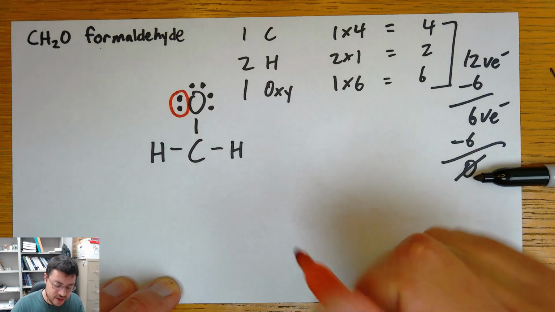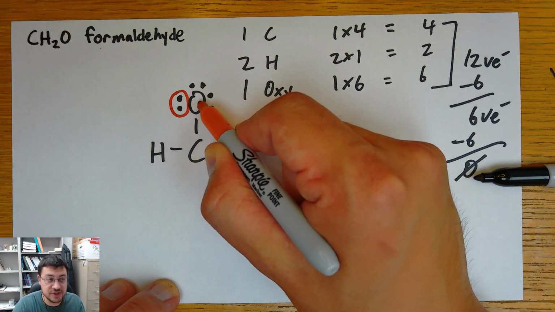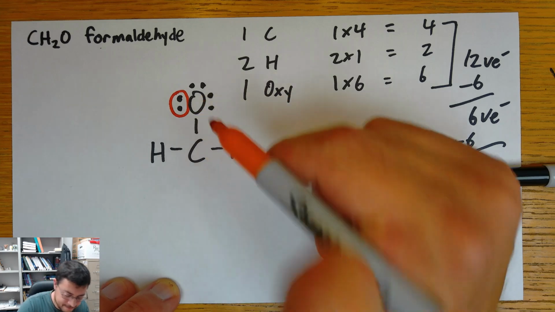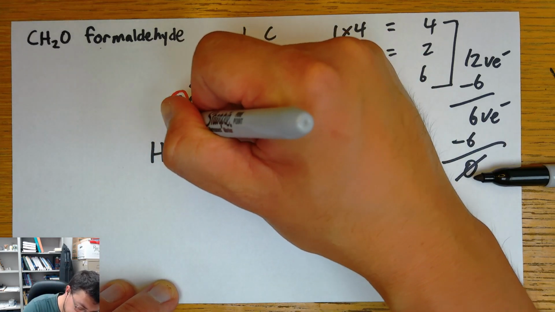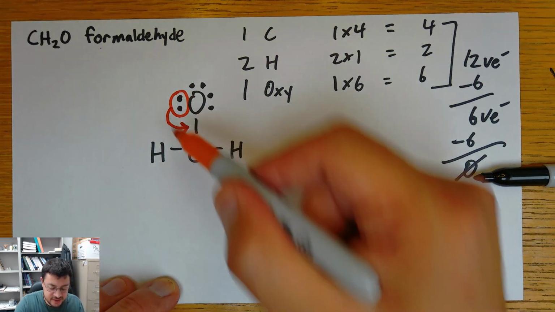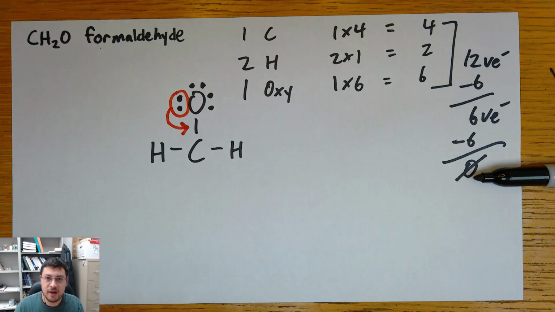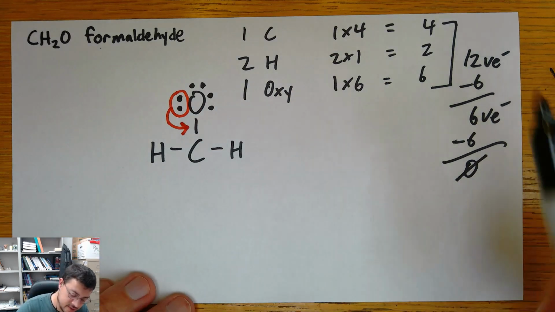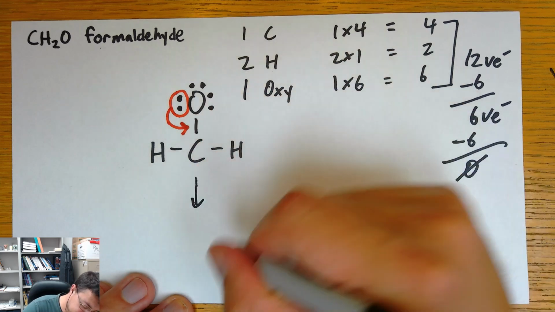These 2 electrons right here, as of right now, they are still stuck on this oxygen. But I'm going to turn those 2 non-bonding electrons, this lone pair here, I'm going to literally turn it into a bond. So here's kind of my before picture, and then here's my after picture.